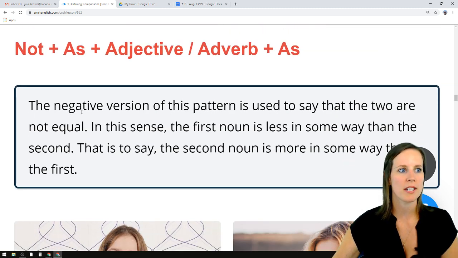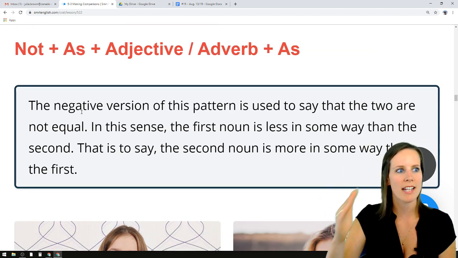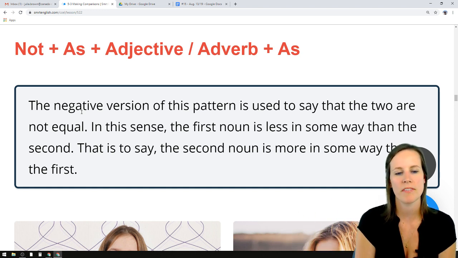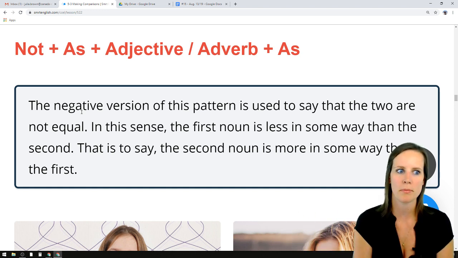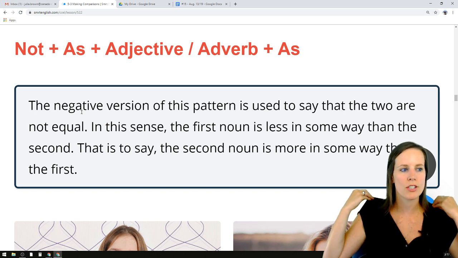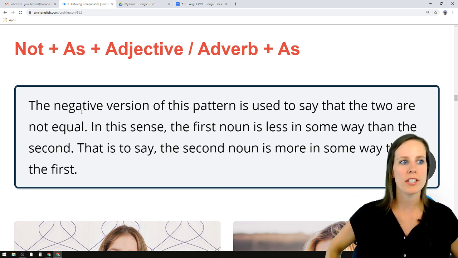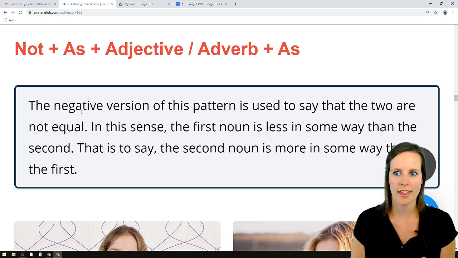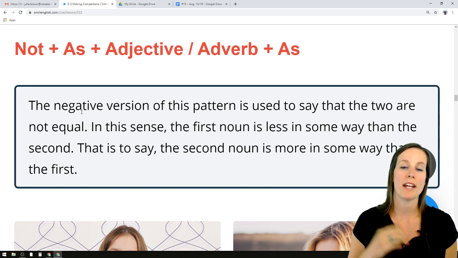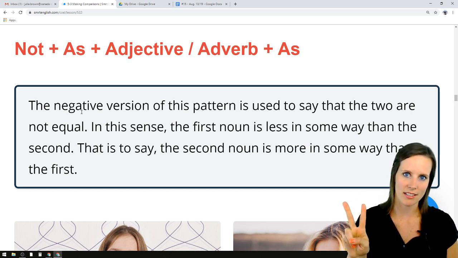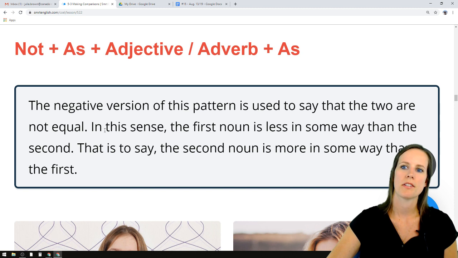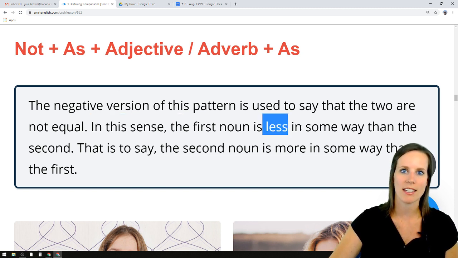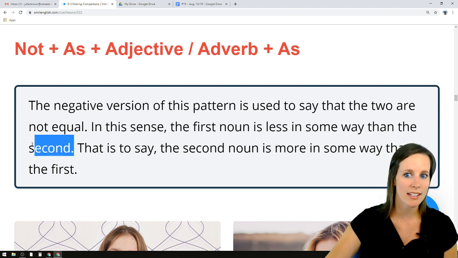So here, we're now getting into the "not as... as". Okay, so we've already seen a few of your examples, and this is to say that what you're talking about is not equal. So you need to make sure that whatever is more, you say it second in the sentence. So that's what it says here. The first noun is less in some way than the second noun.